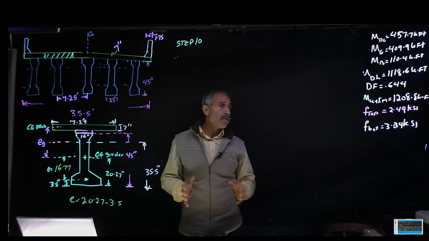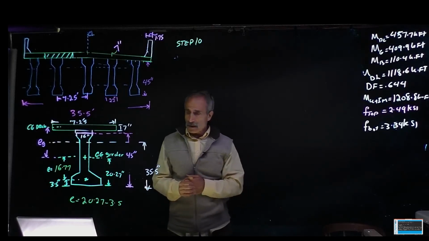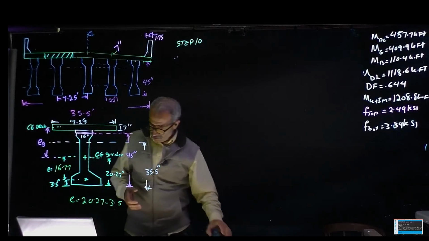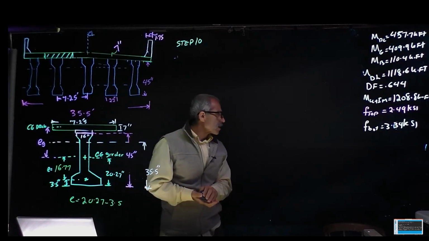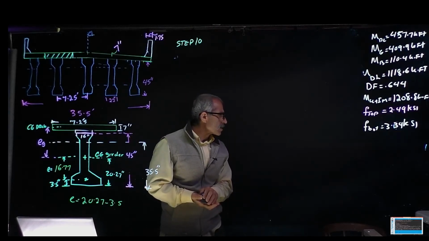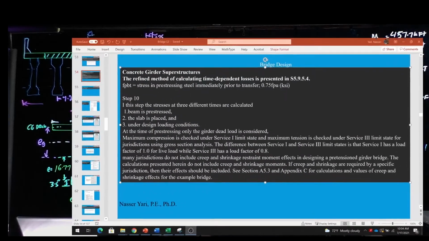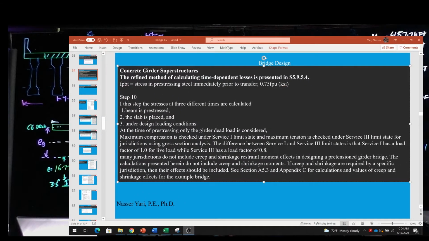Okay, so we're going to move to the next step, which is step 10. Let me bring my PowerPoint up here as I explain this. In step 10, we're going to calculate the stresses at 3 different times. 1, when the beam is pre-stressed. 2, when the slab is placed, the deck is slabbed.